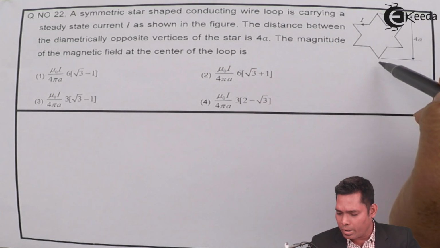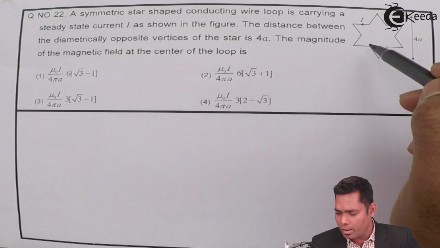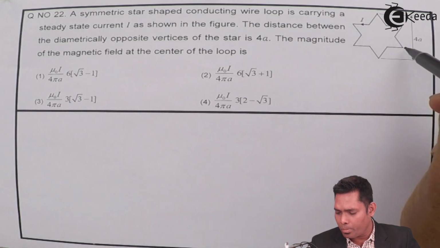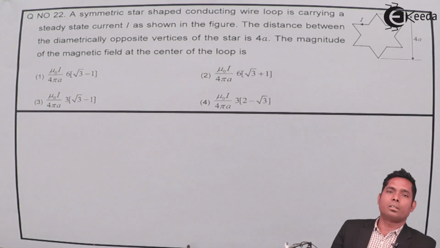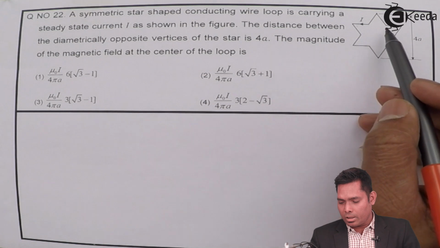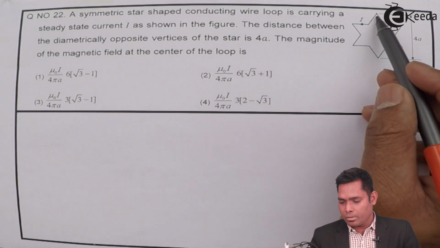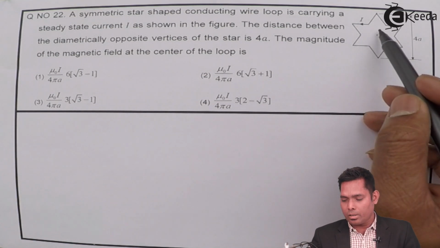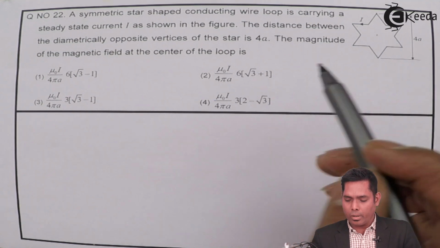So this distance is 4a, this distance is 4a, this distance is 4a. So obviously this will be half of that, this is a, this is a, this is a.